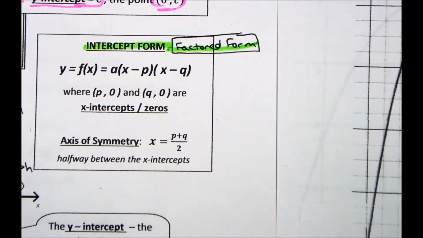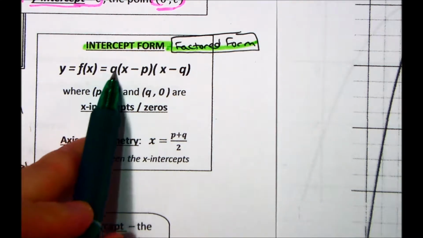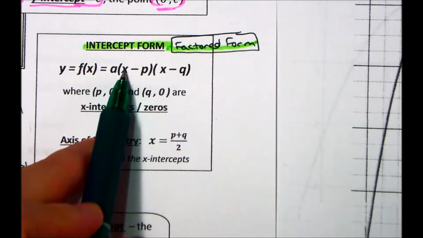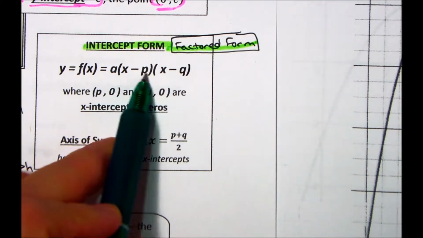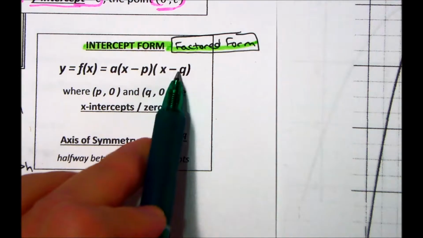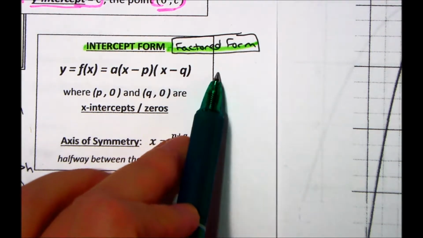What's nice about the factored form is that when you're given the equation, the a value is factored out. You have two factors here, x minus p and x minus q, or if it was to the third power, you would have another factor, say x minus r.